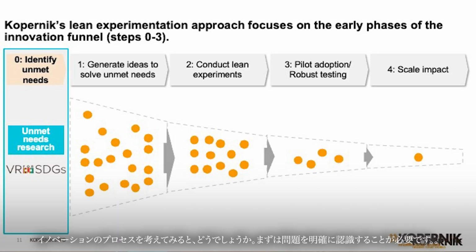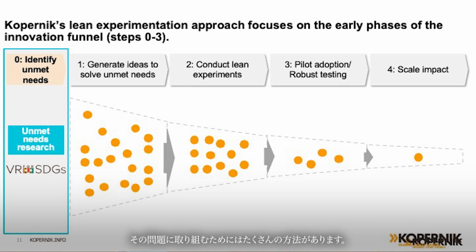So if we think about the innovation process, we need to have, of course, clearly recognized problems. That's the first step. And in order to address those problems, there are many, many ways of doing it. Out of which the more promising ones, we actually conduct a lean experiment.